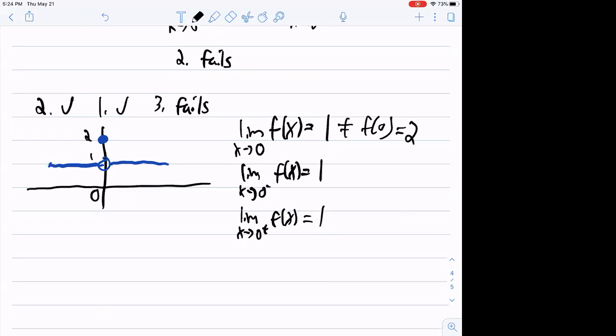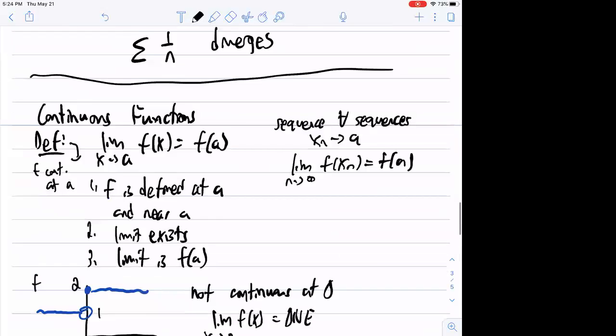Because f of 0 is 2 from what I wrote. So in this case, it's not the value we want. So continuity basically means the limit as x goes to a, you can just evaluate it. You just plug it in, yeah. So is everyone clear on this?